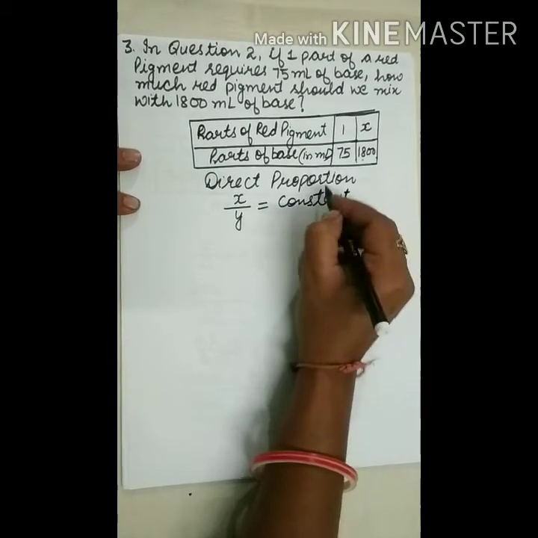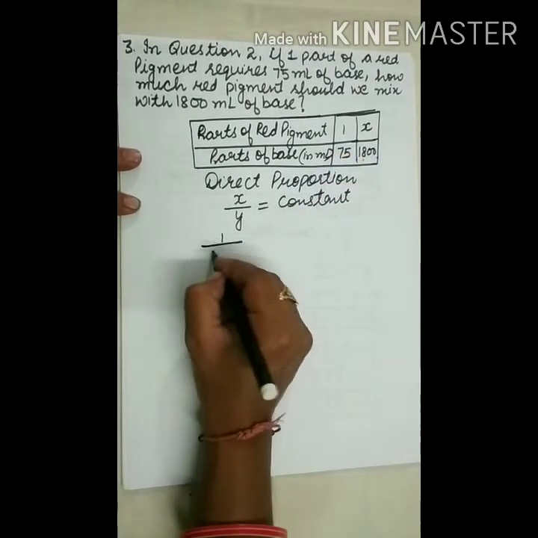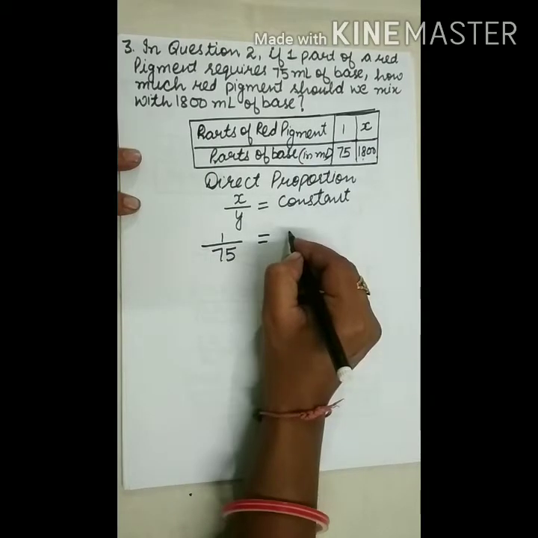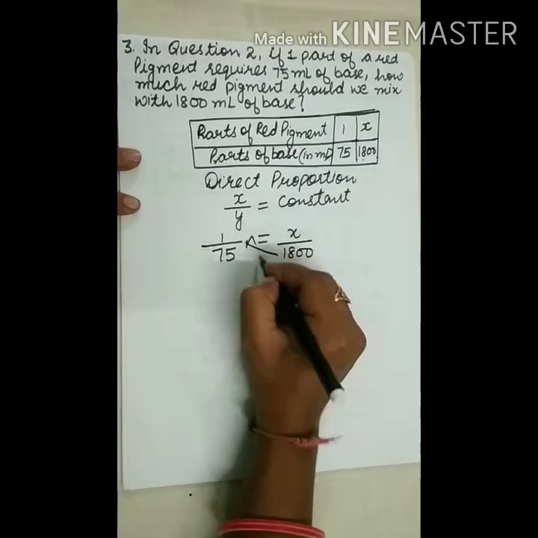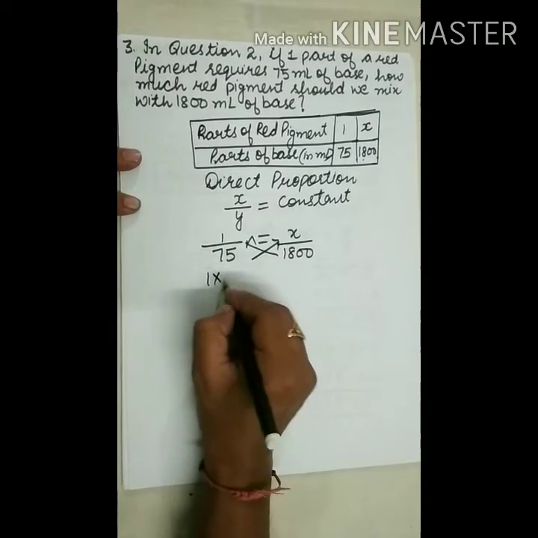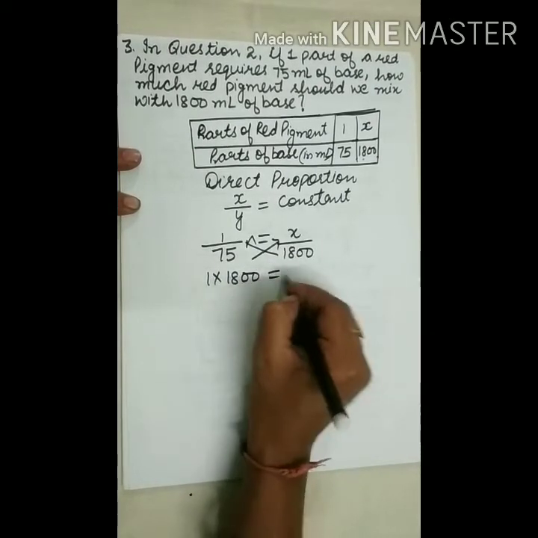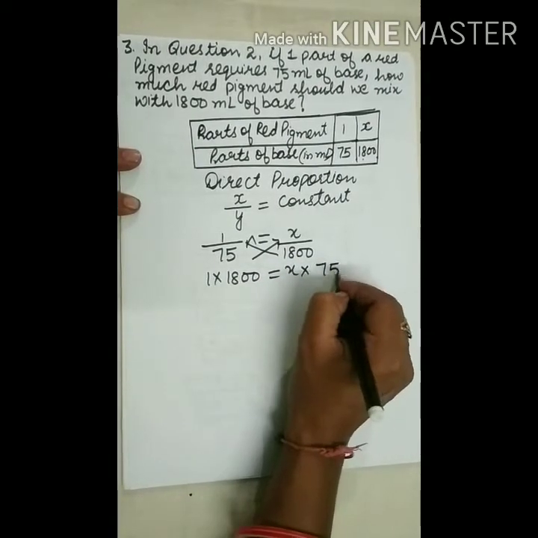So x upon y must be equal to constant. So from this definition, we can say that 1 upon 75 is equal to x upon 1800. Now do the cross multiplication. 1 multiplied by 1800 is equal to x multiplied by 75.